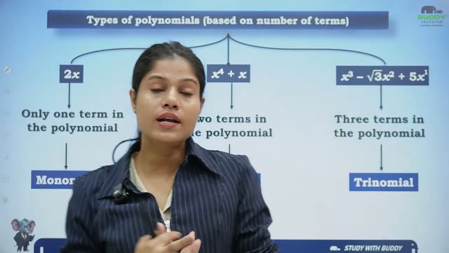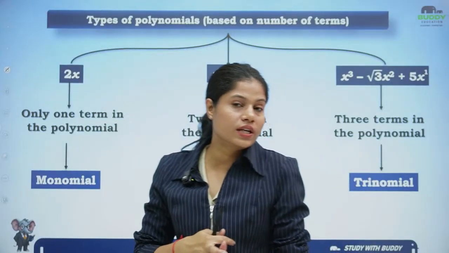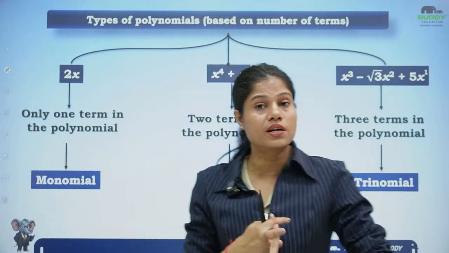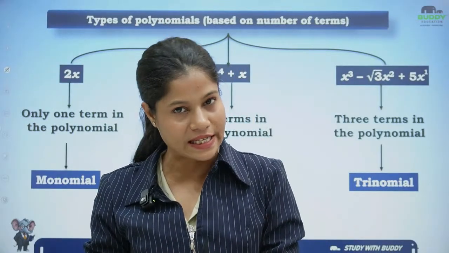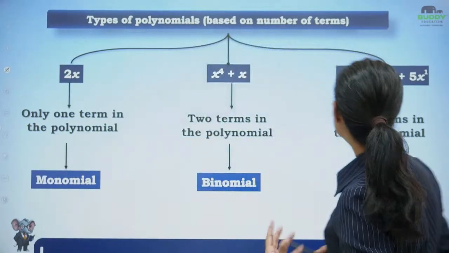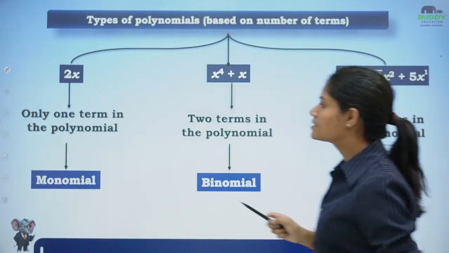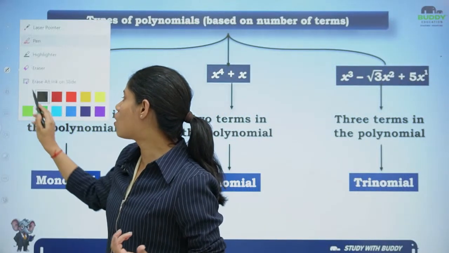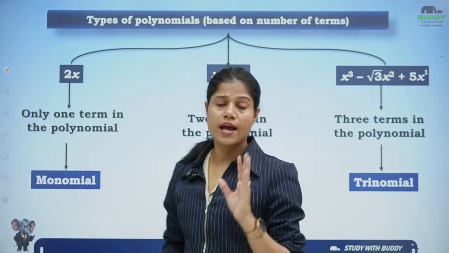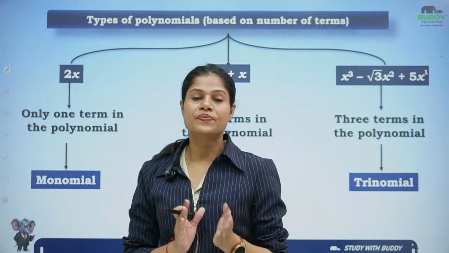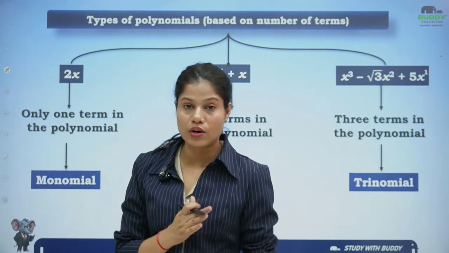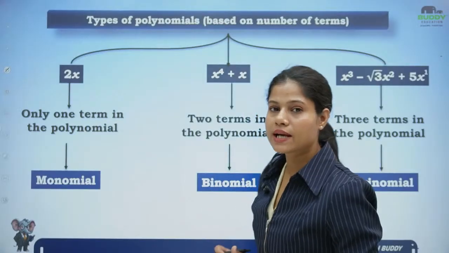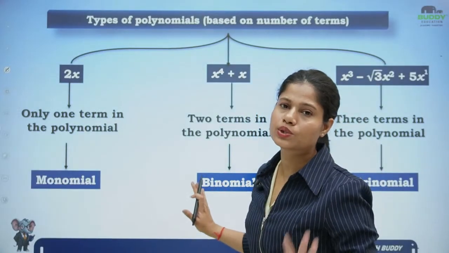One is on the basis of the number of terms, and the second is on the basis of degree. First we'll learn how we can categorize the polynomial on the basis of the number of terms. We have already understood how we can count the number of terms, so if that part is clear, this is very simple to understand.